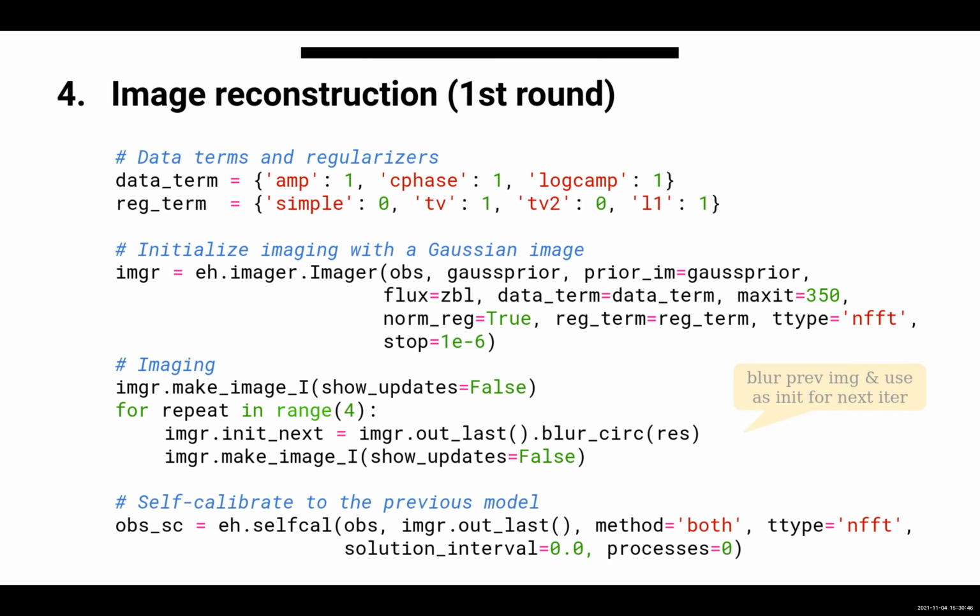We will blur that image to the nominal resolution of the array, and use that blurred image as initialization in the next imaging iteration. We do this to help the algorithm escape some local minima that it could find during the optimization process. We repeat this process of imaging and blurring the output image several times, in this case 5 times. Then we self-calibrate our data to this final image. Next slide.